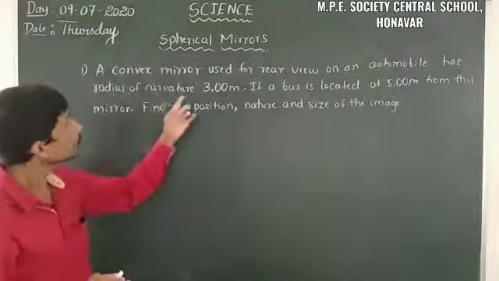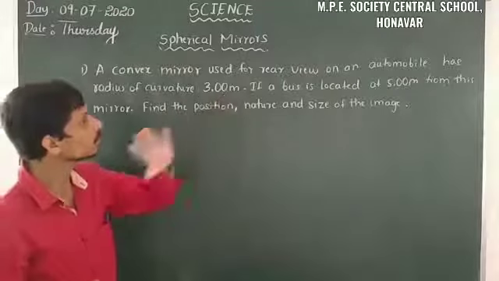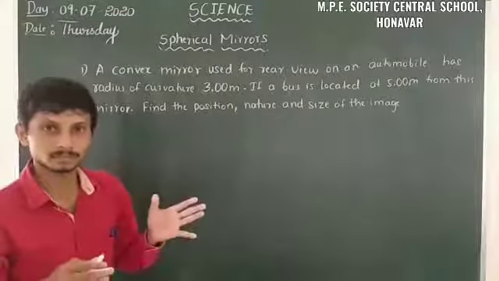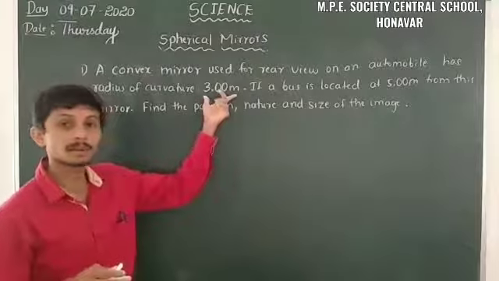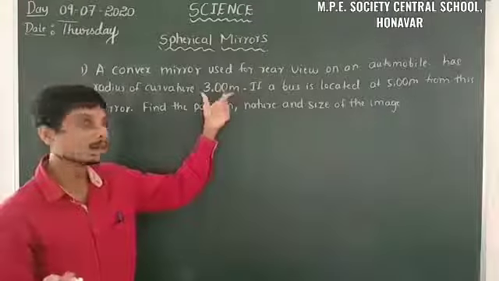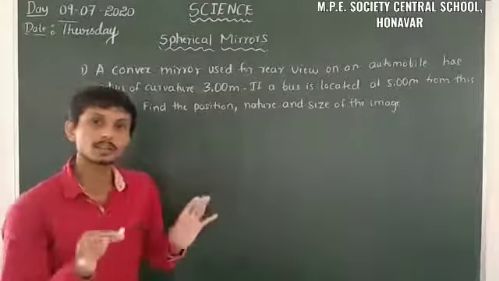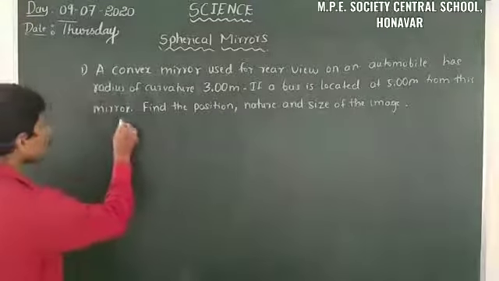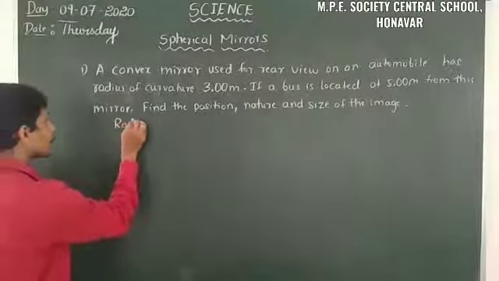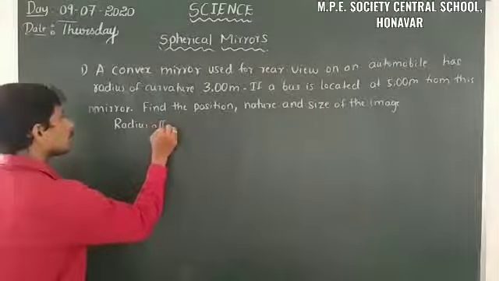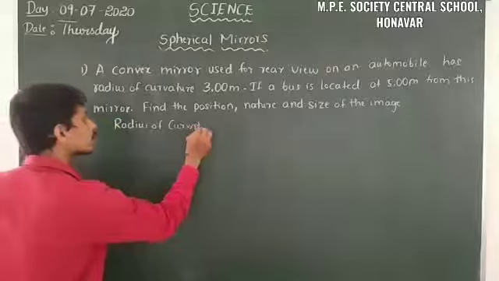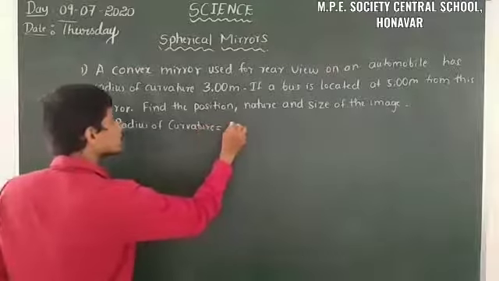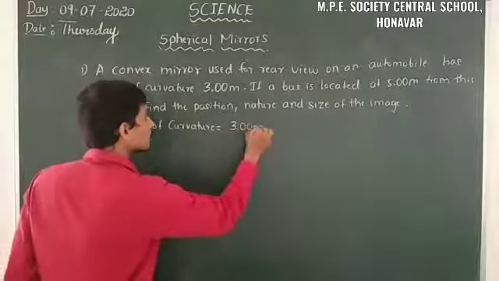It has a radius of curvature of 3.00 meter. When numbers appear, we have to write them down. So here, radius of curvature is equal to 3.00 meter.